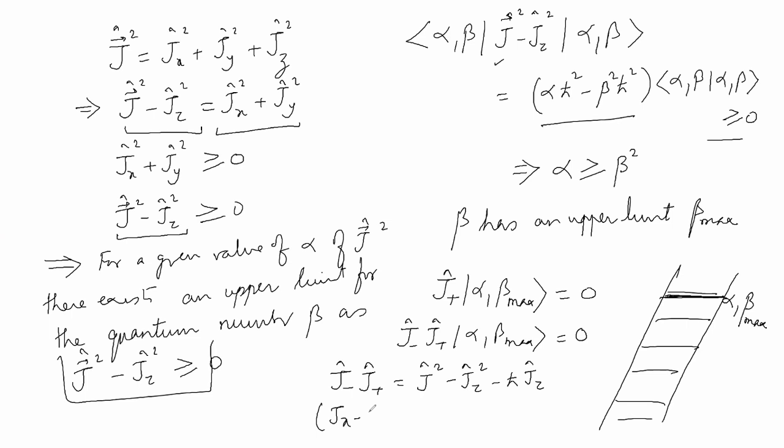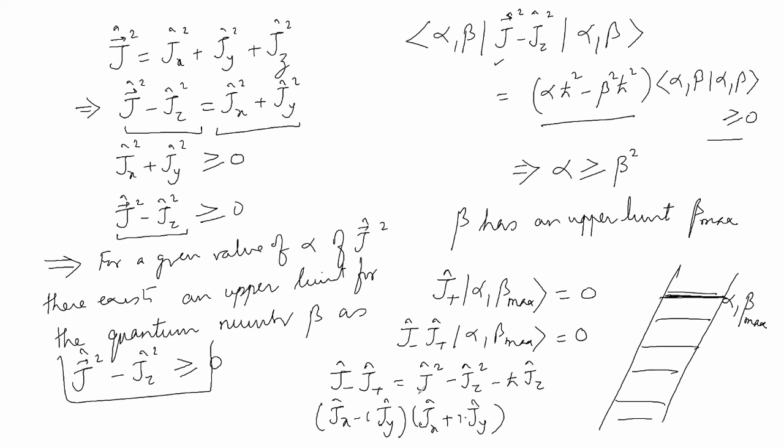Okay, this we showed something like this: Jx minus iJy times Jx plus iJy. This is how we write J minus and J plus, and this will give us Jx square plus Jy square.